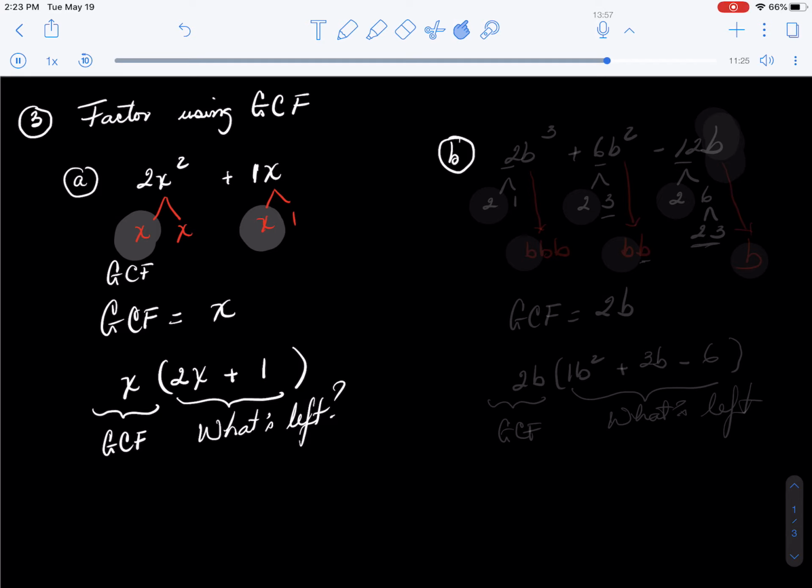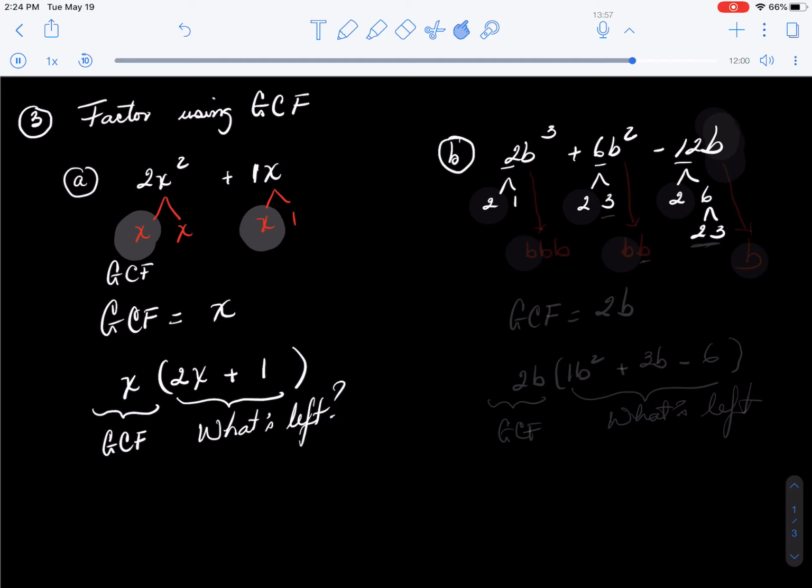They said now I have 2b to the third plus 6b squared minus 12b. Now I want to look at the coefficients first. From here it is only 2 and a 1, and the 6 is 2 and a 3. And here I have a 2 and a 6, and a 2 and a 3.